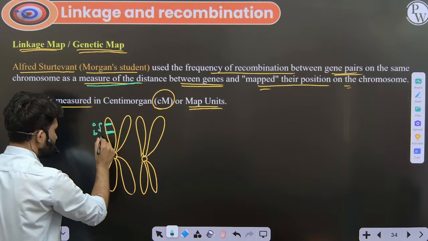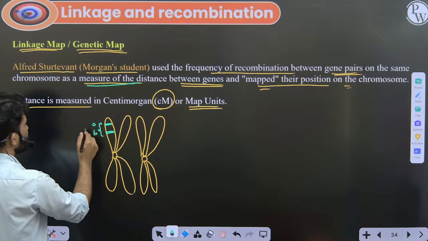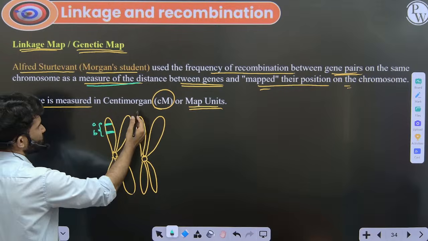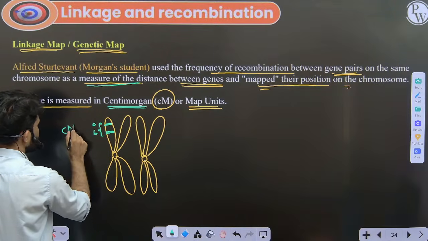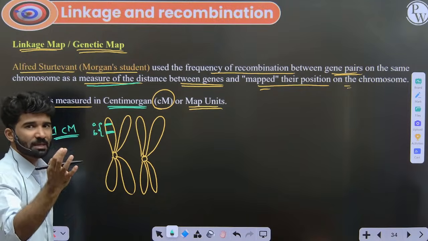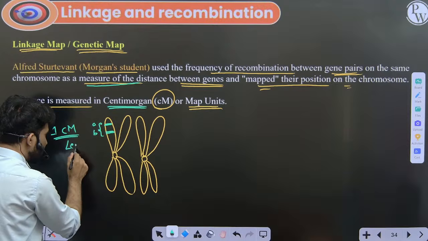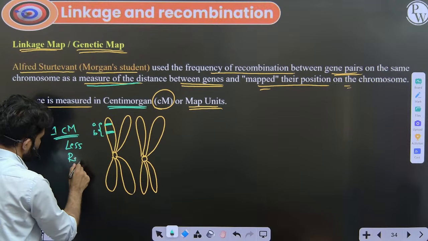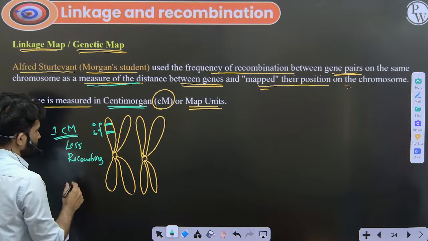Genes with less distance between them have very little recombination, for example 1 centimorgan.